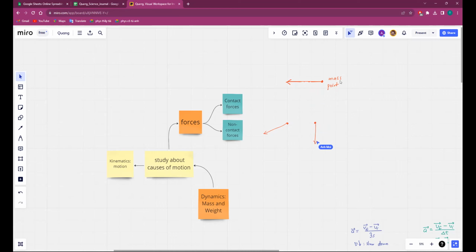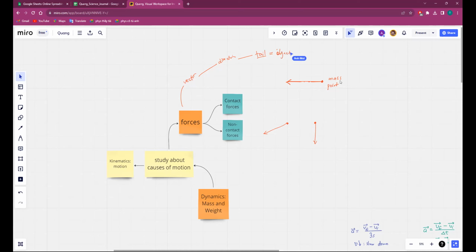What I'm trying to say is that a force is a vector with a direction. And where should the tail of the force vector be? The tail of the force should be on the object. Yes, that's right.